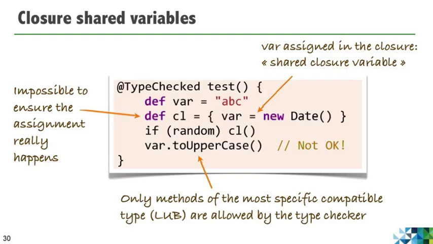And the lowest upper bound is that it knows it's something that is an object which is comparable, I think, because both strings and dates are comparable. But it doesn't know that it's a string, so it doesn't know that there's a toUpperCase method.